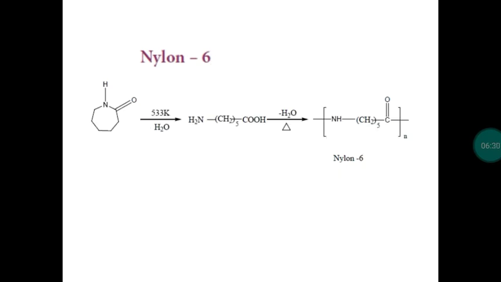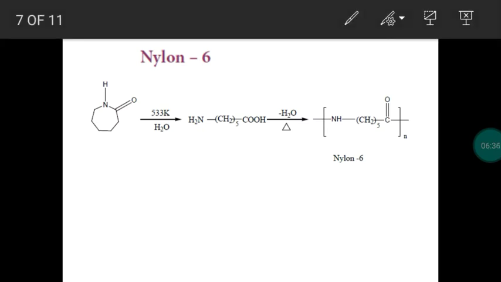Next example for condensation polymer. The monomer is caprolactam. First, initially, we take caprolactam, a lactam, as a monomer. We heat this monomer at 533 Kelvin in the presence of water. We get a carboxylic acid.